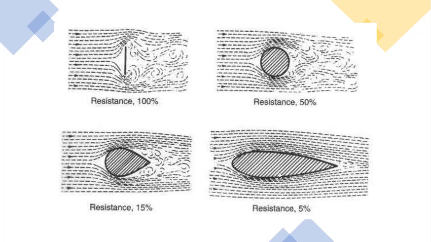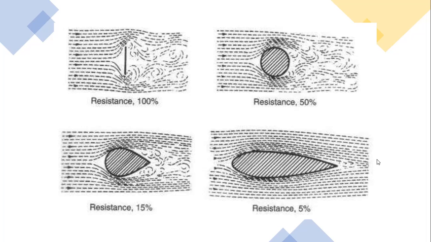Now the last shape, as you can see, the streamlined shape. In the beginning of this shape, you can find that the surface area in contact with the particles is really less, or the least among all of the other shapes. So this means that the beginning of the shape has the least contact with air particles.